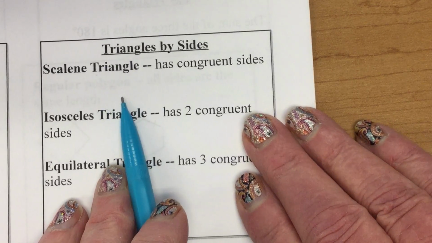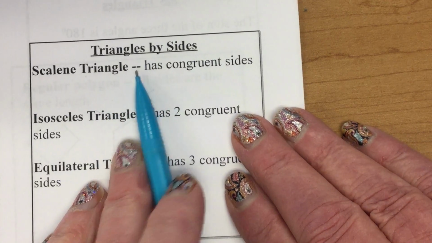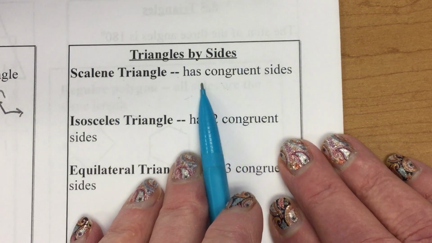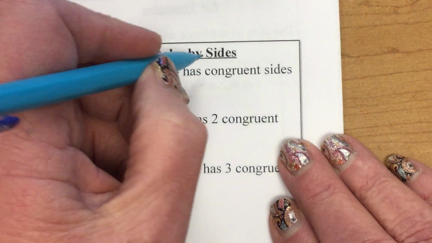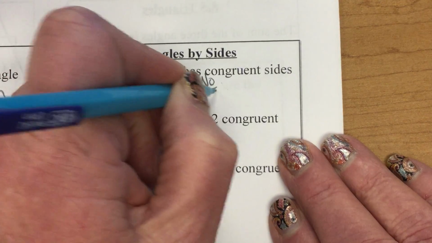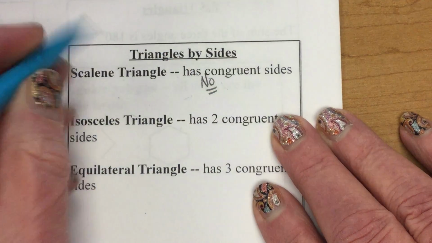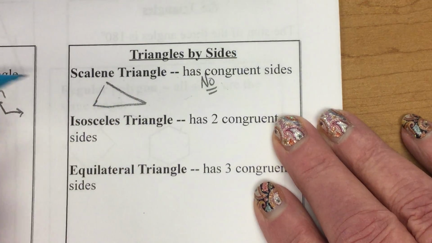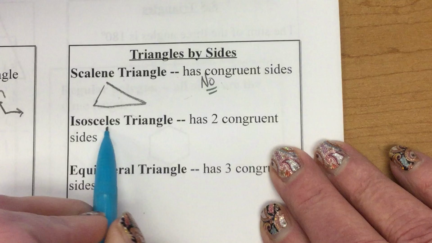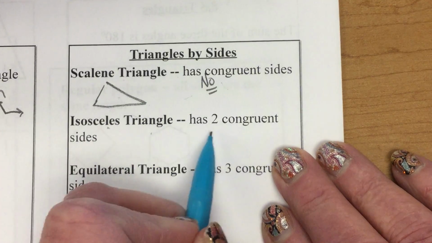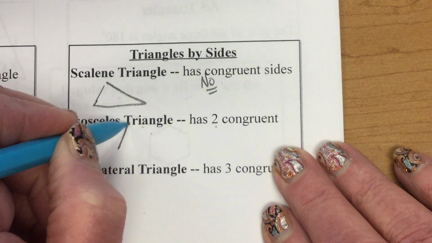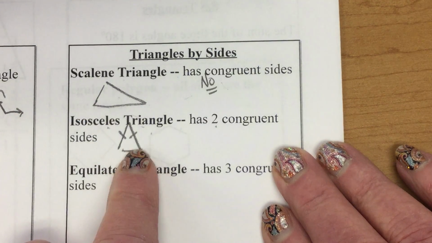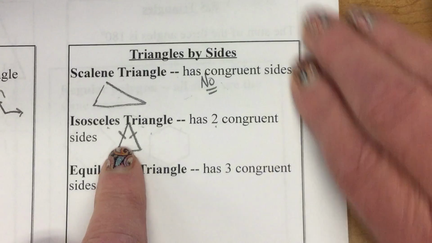We also classify triangles by their sides. A scalene triangle has no congruent sides. They're all different. Nobody's the same. An isosceles triangle has two congruent sides. And we would show that with arc marks, tick marks.